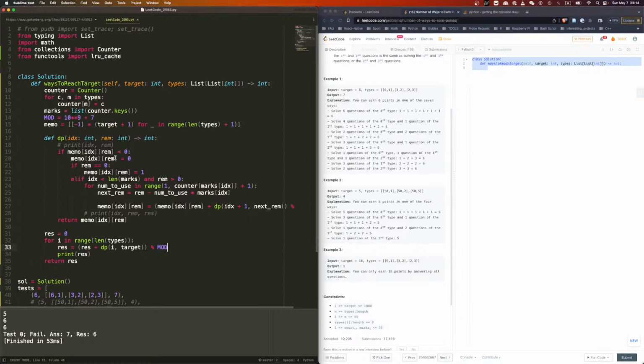Index is 2, right? It should be landmarks. It's the same thing. Index is 2, right? So DP 2 and 6.